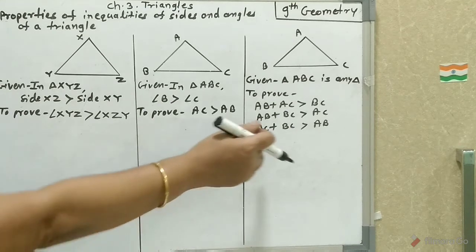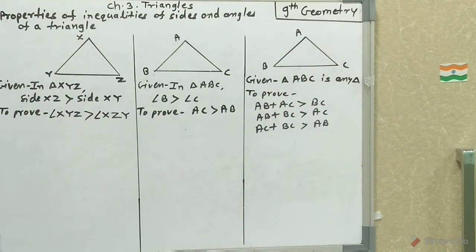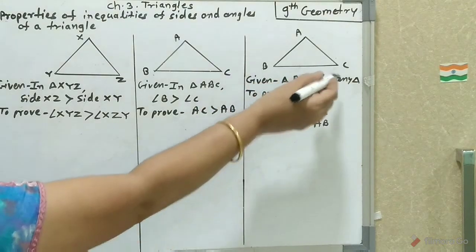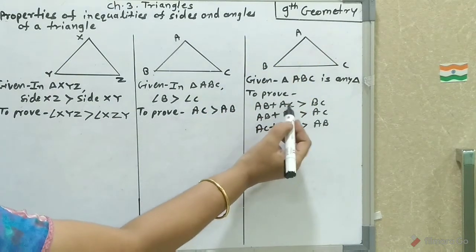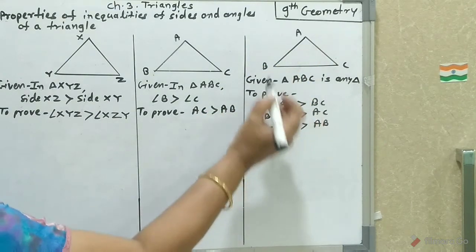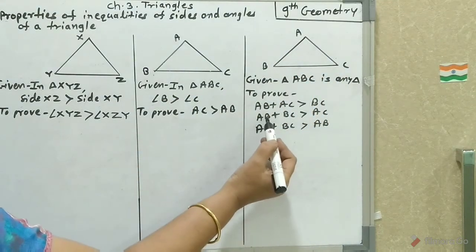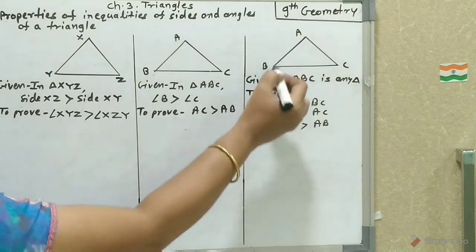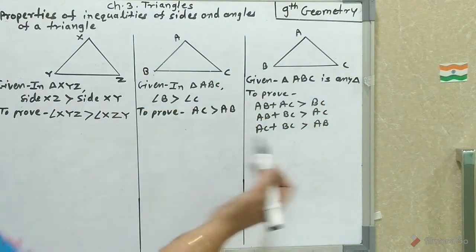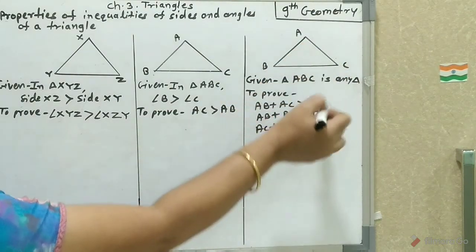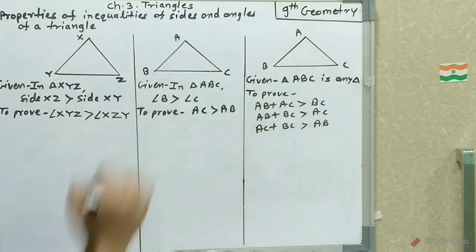Now the next one, the third. Here see the statement: the sum of any two sides of a triangle is greater than the third side. In triangle ABC, AB plus AC is greater than BC, AB plus BC is greater than the third side AC, and AC plus BC is greater than the third side AB.